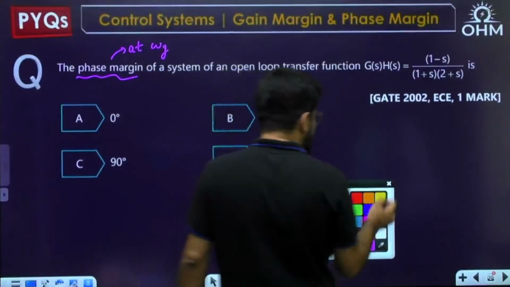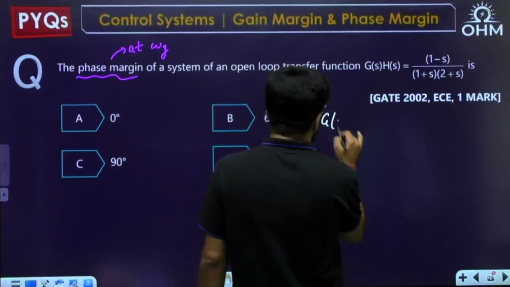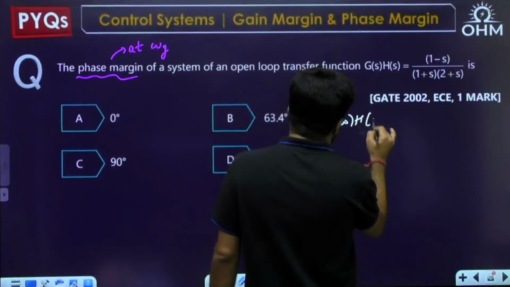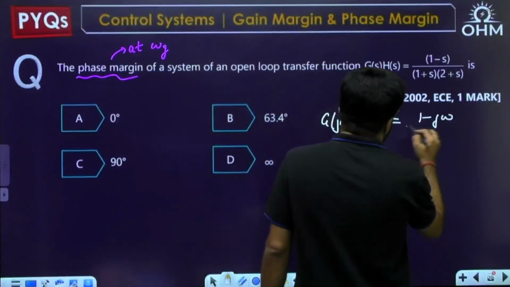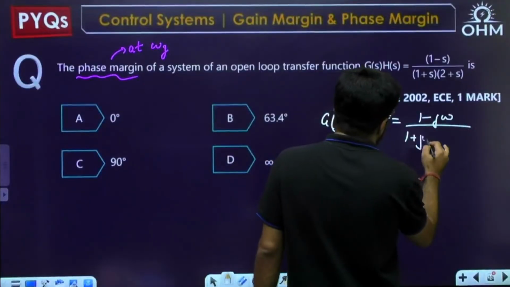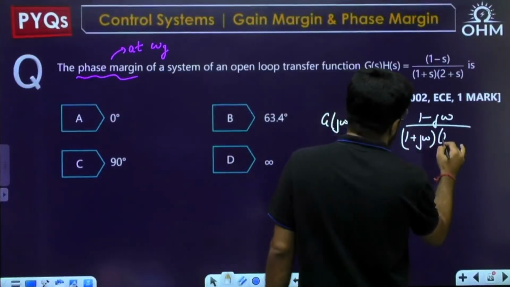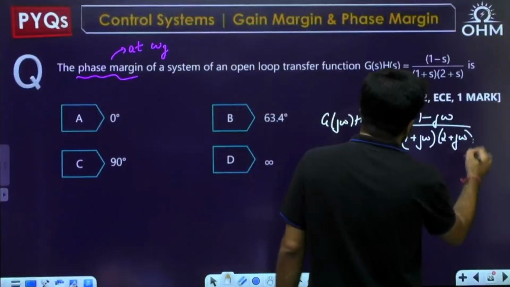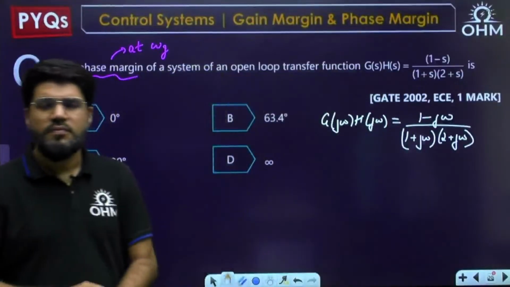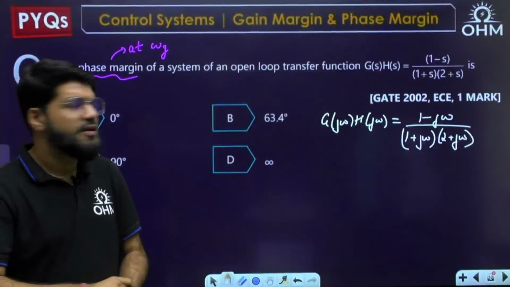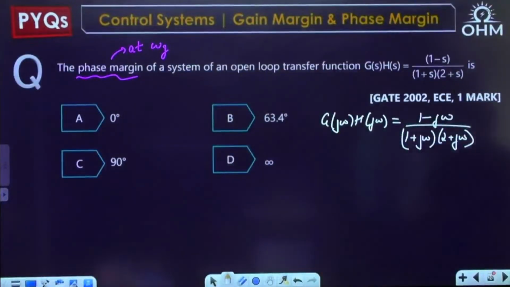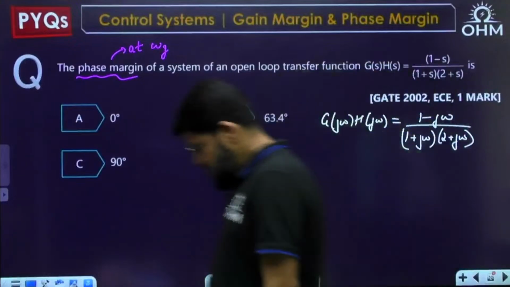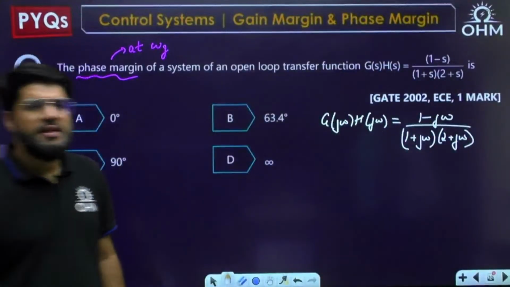So let me convert it to the frequency function, G(j omega)H(j omega). What is G(j omega)H(j omega)? It is (1 minus j omega) divided by (1 plus j omega)(2 plus j omega). Correct. Let's take this function.